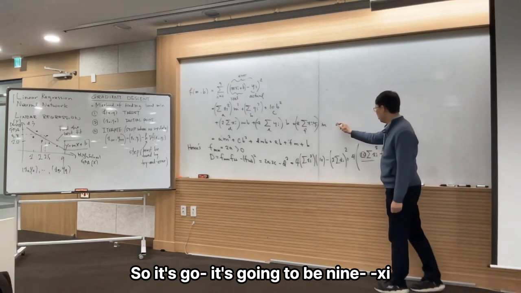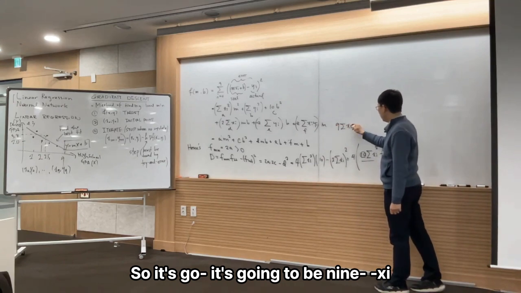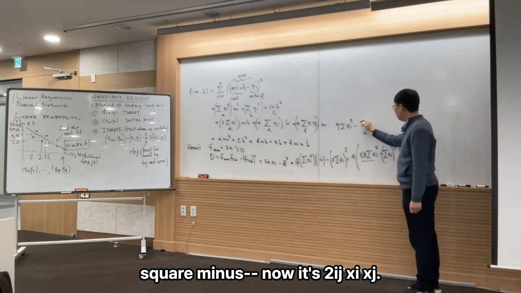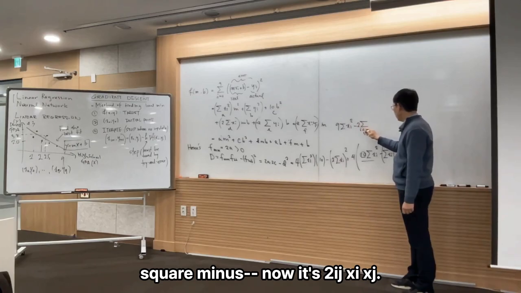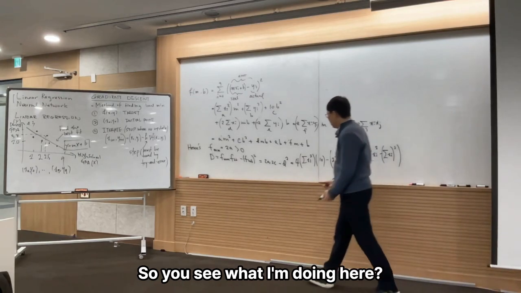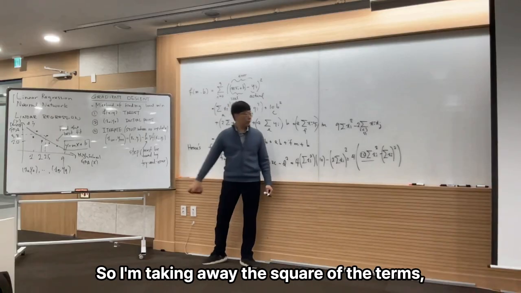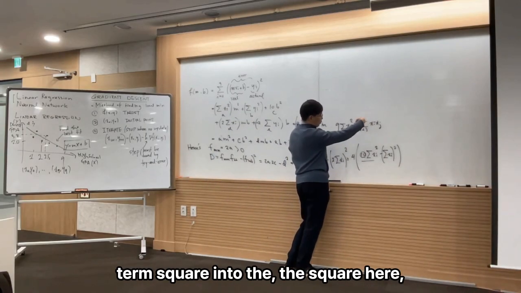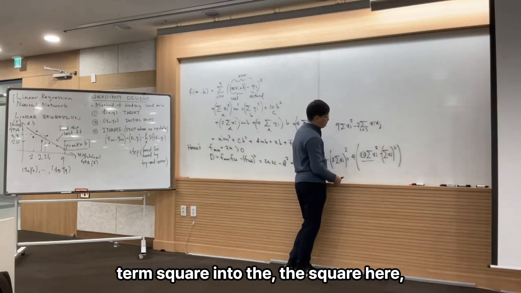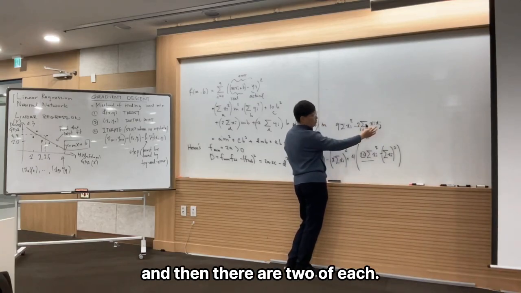So it's going to be 9 xi squared minus 2 sum of ij xi xj. So you see what I'm doing here? I'm taking away the square of the term from the square here. And then there are two of each.